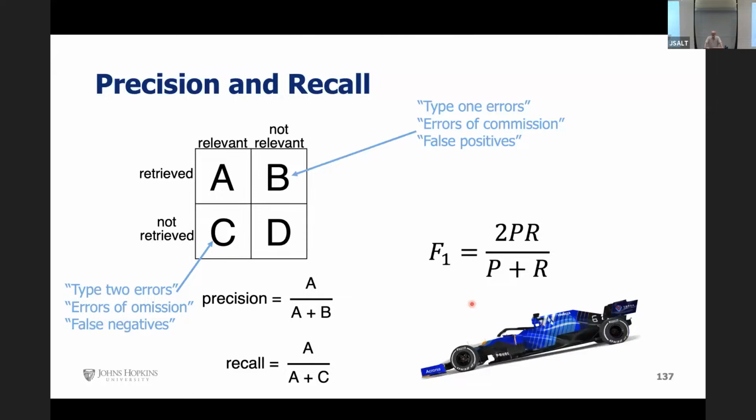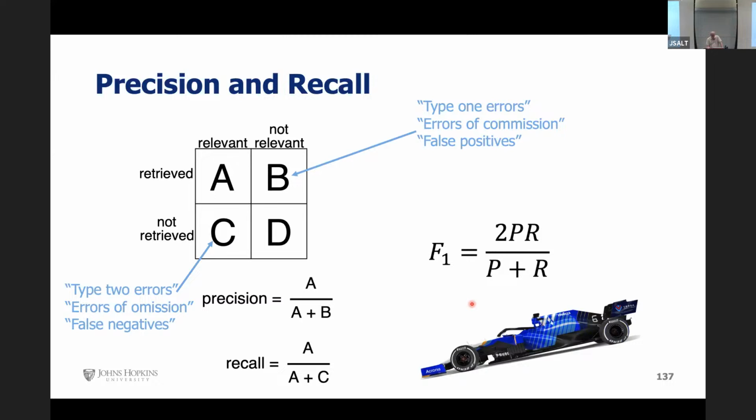The F1 measure is the harmonic mean of precision and recall. F1 means that you're weighting precision and recall equally. If you're okay with recall and precision being equally weighted, you use this, but you can crank up the importance of precision or recall if you want.